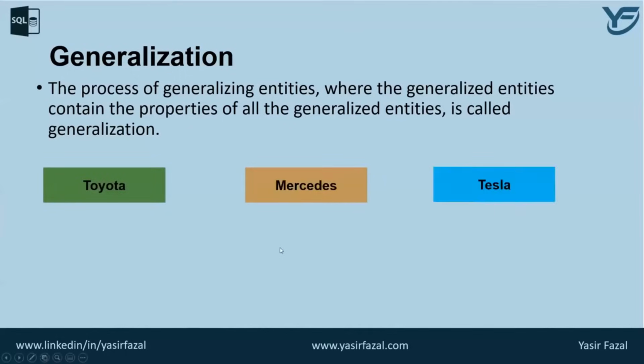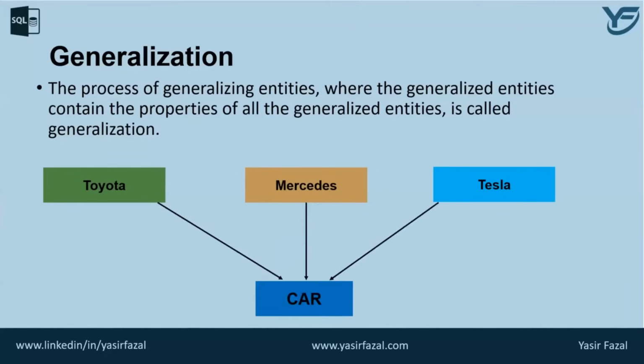For example, I have Toyota, Mercedes, and Tesla. What is common in them? These are basically cars. When I combine them, I get a superclass car. This is something that happens in a database as well.